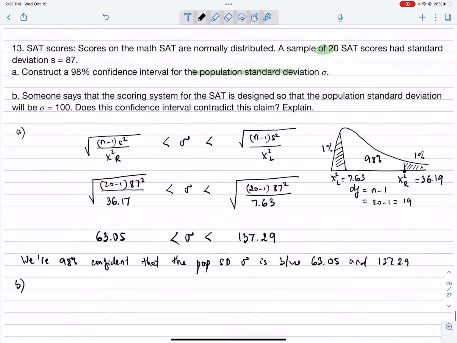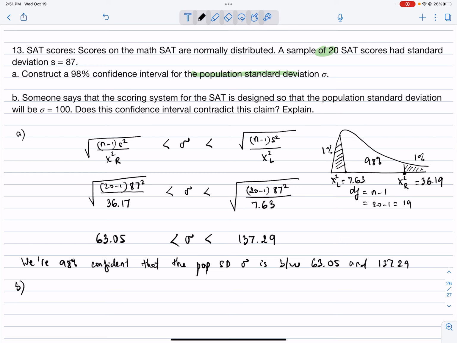Part B. Someone says that the scoring system for SAT is designed so that the population standard deviation to be 100. Does this confidence interval contradict this claim? You look at the number 100 and this is in the range from 63 to 137.